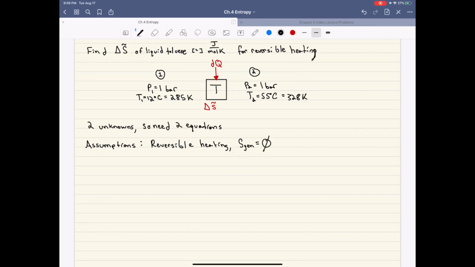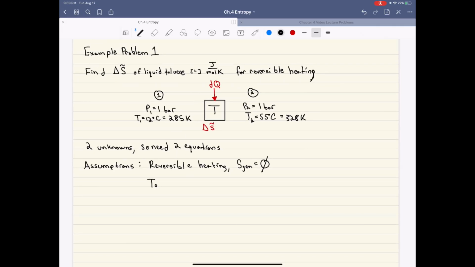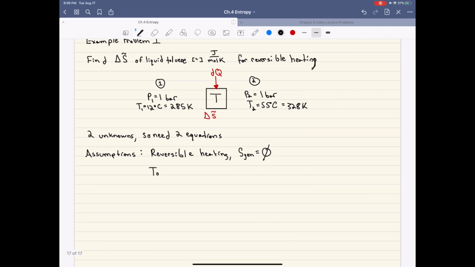The other assumption we're going to make is that at these conditions, at 1 bar and 12 degrees Celsius, toluene is a liquid. We're below the boiling point of toluene.